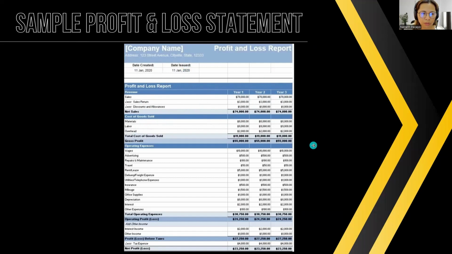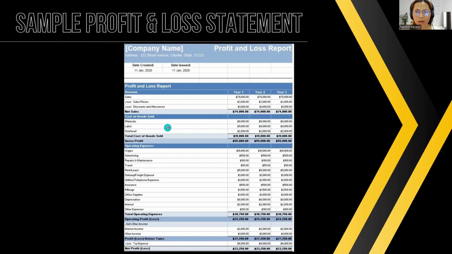So this is the example of what I have mentioned earlier. By the way, I would like to reiterate, the materials is the cost of the purchase.